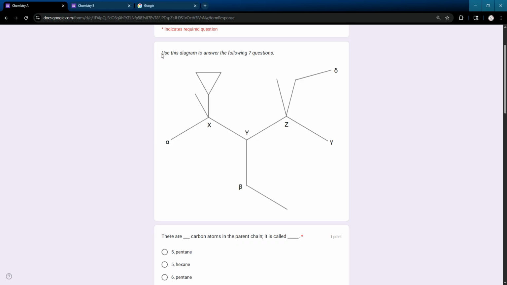Okay. Use this diagram to answer the following 7 questions. We have X, Y, Z, some other alphabets, some branches with no symbols, and a triangle here.